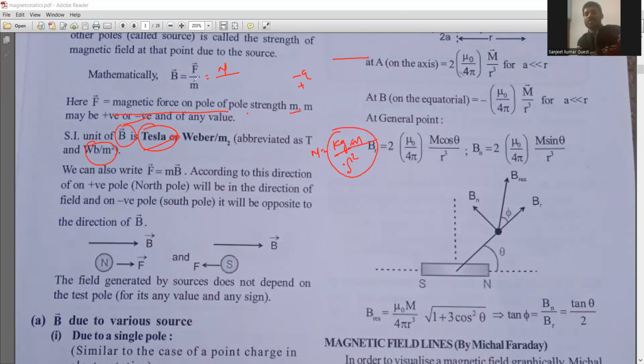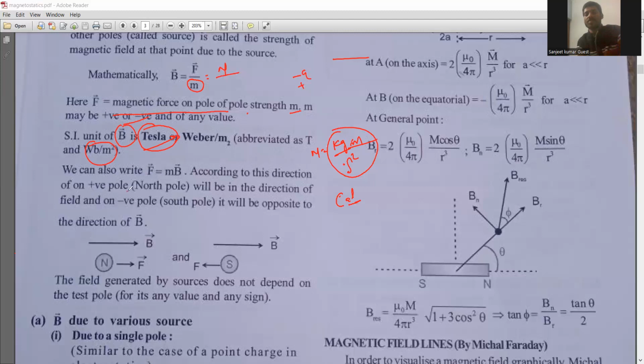And what about M? In charge we have Coulomb. So here we can write F is equal to m B.